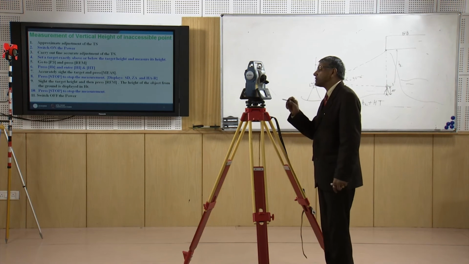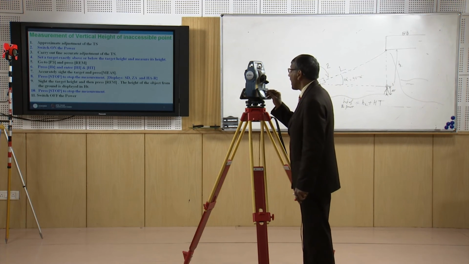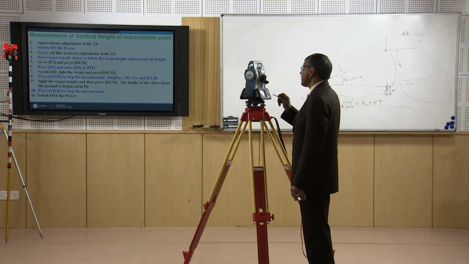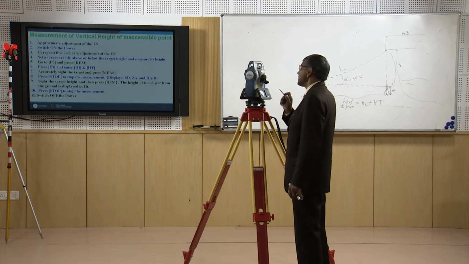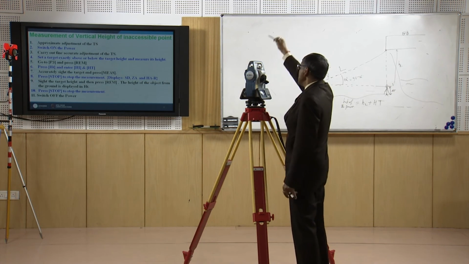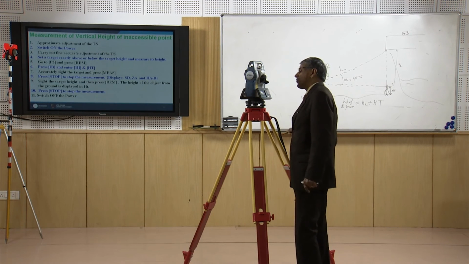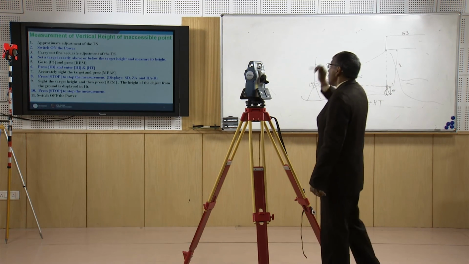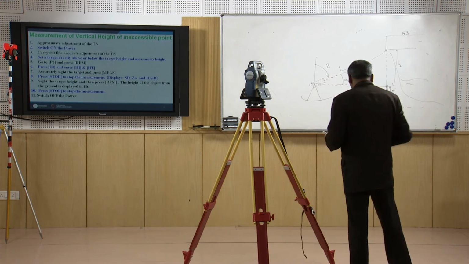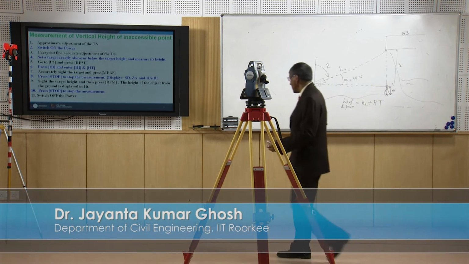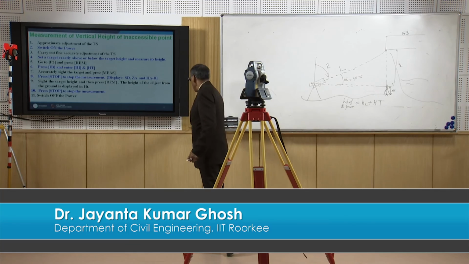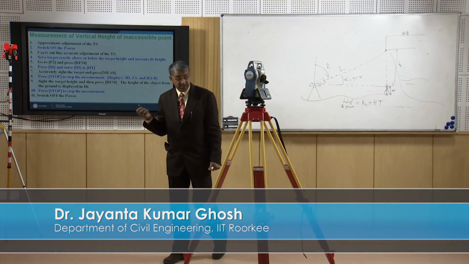Now it is measuring, and stop, and then it provides us the height of 2.408 meter. So the height of this roof is 2.408 meter. In that way we can make use of the total station to measure the height of some point which is not accessible.